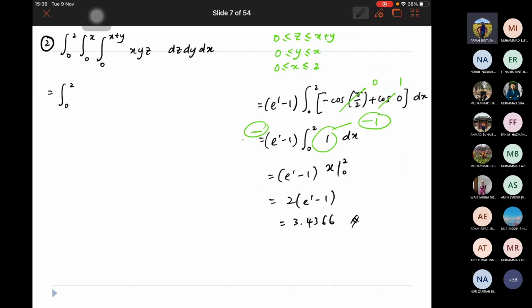Kosong sampai 2, kosong sampai X, so X, Y, Z kuasa 2 per 2, 0 sampai X tambah Y. Okay. dz, dy, dx. So kalau awak tengok function dia ni complicated kan.